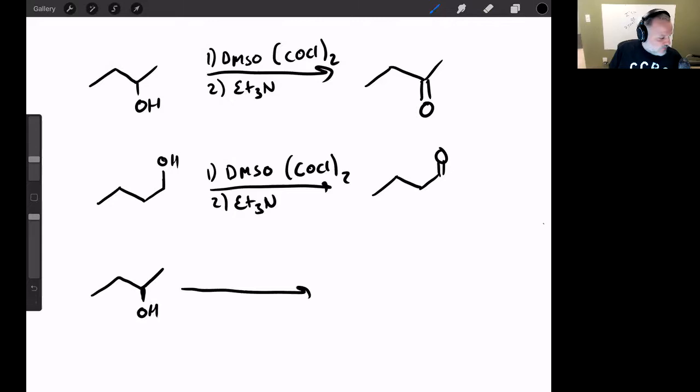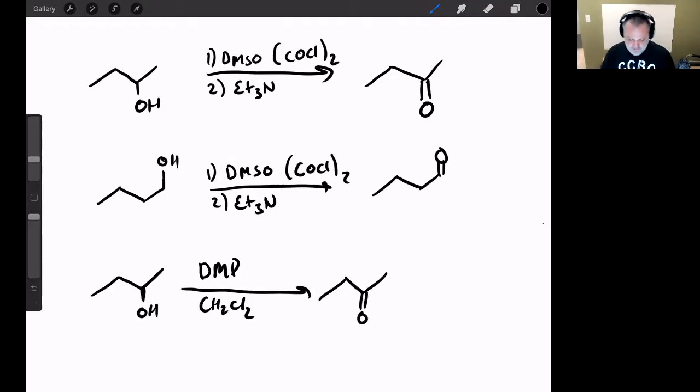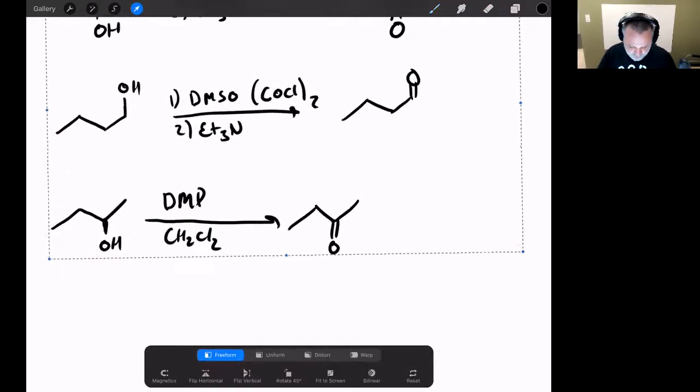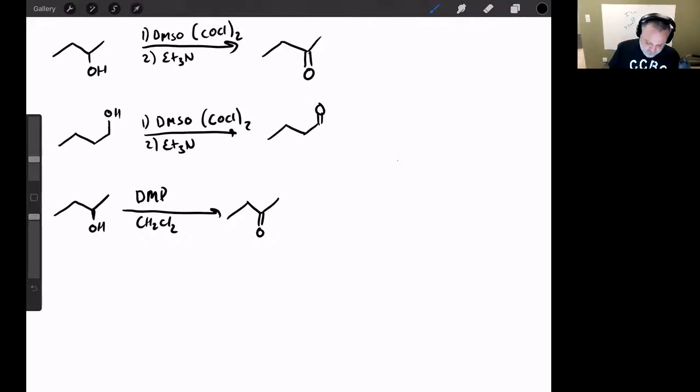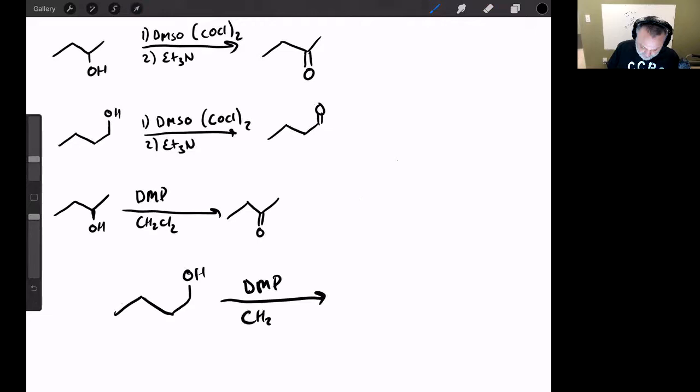So it's DMP, CH2Cl2, oxidizing secondary alcohols to ketones, but again, it's more properly aligned with PCC when it comes to its strength. And so it does not oxidize primary alcohols fully. It leaves you with the aldehyde.